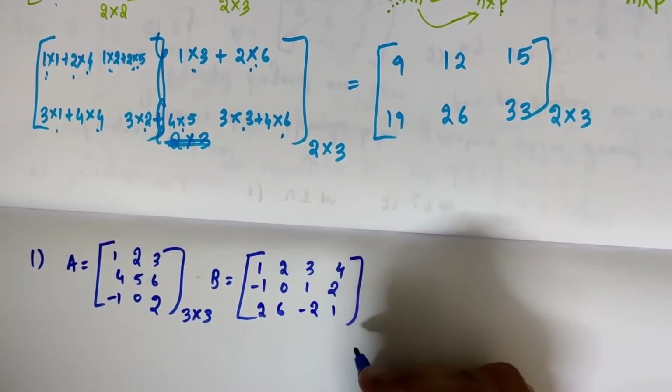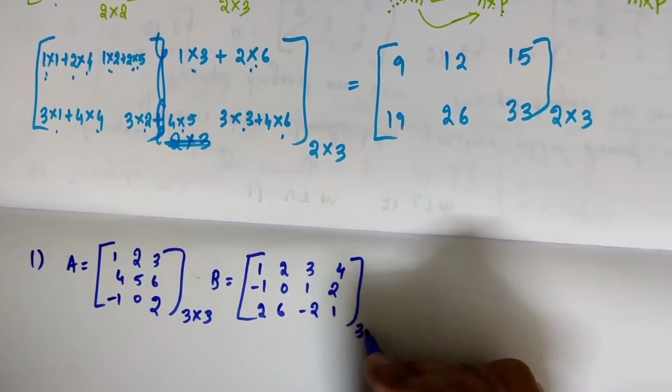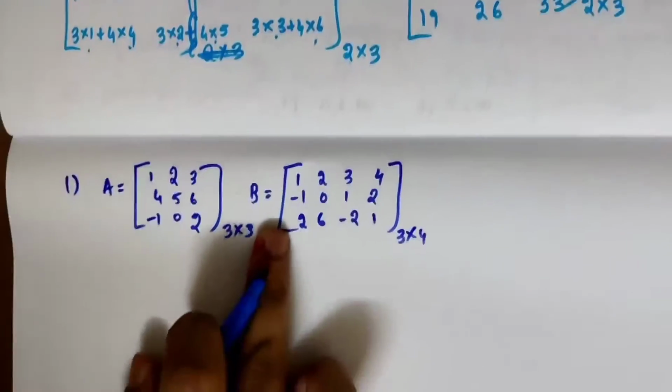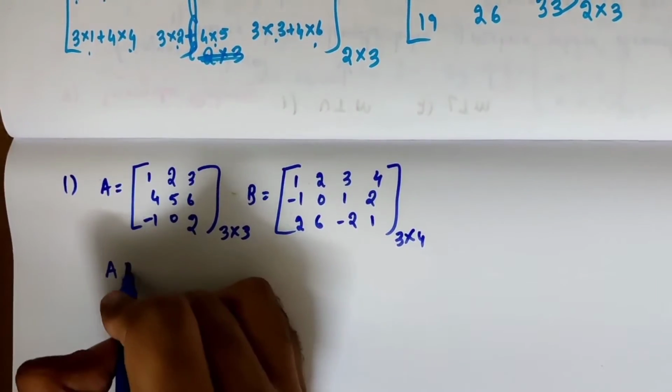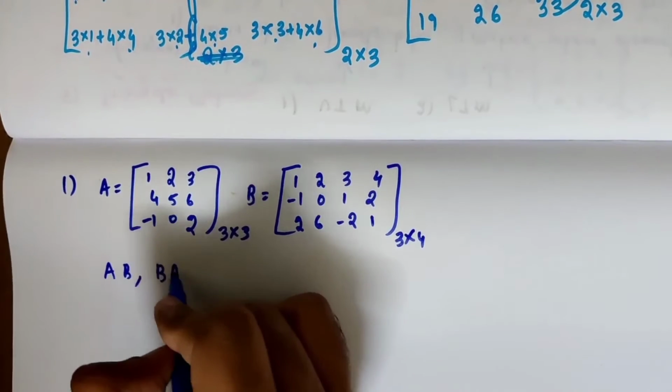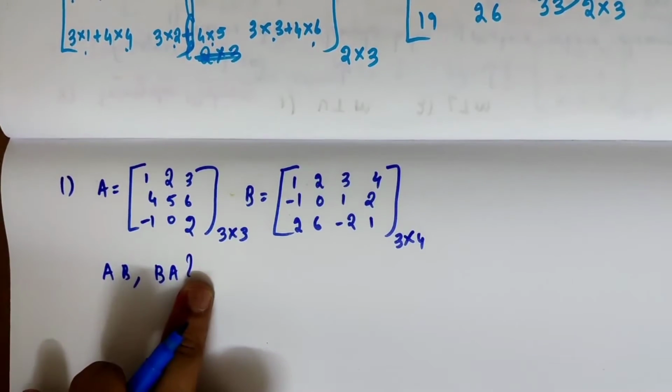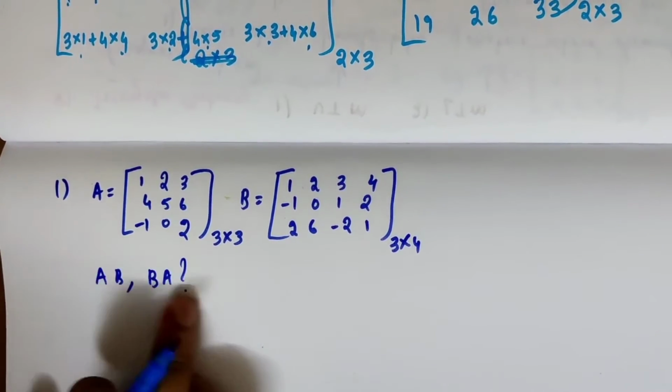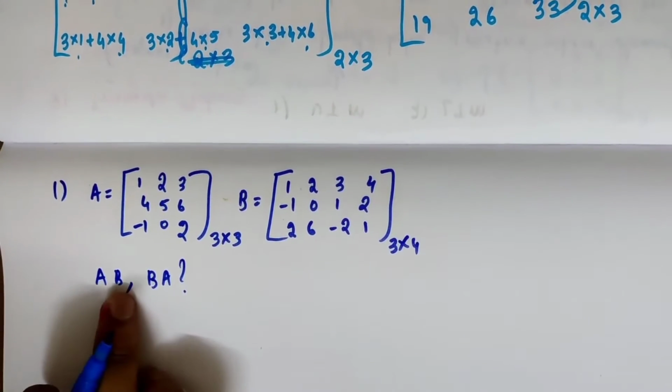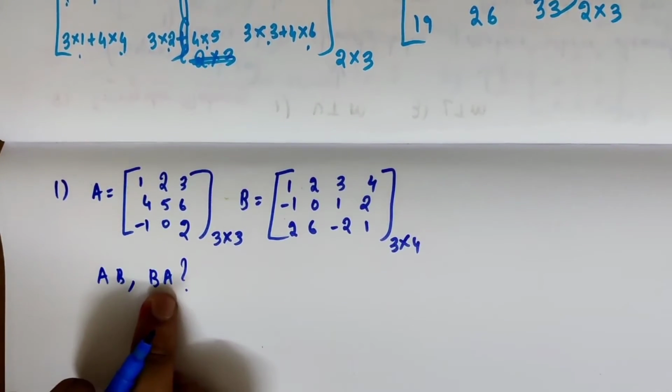It should have 3 rows. What is the order of this one? 3 by 4. I want AB and BA. If it is possible, then comment down the resultant matrices of these two multiplications, AB as well as BA.